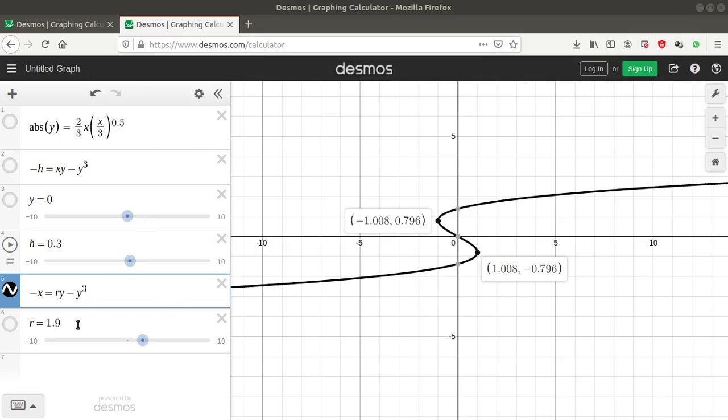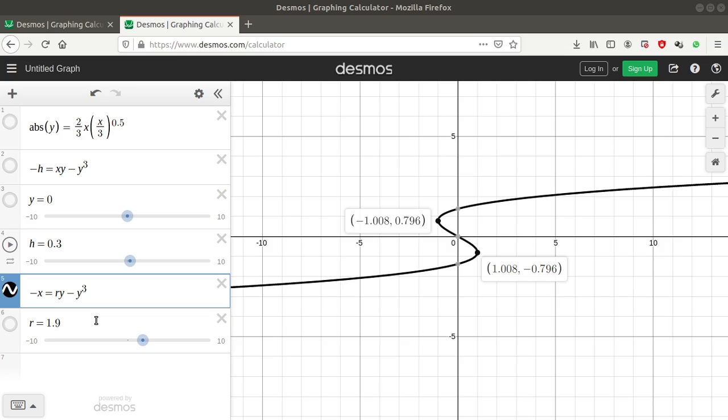Well, that's a bifurcation diagram for a fixed r value. But if you are wondering how to visualize it for both h and r as parameters, so in that case I have two parameters.